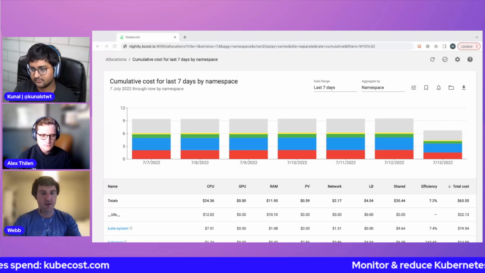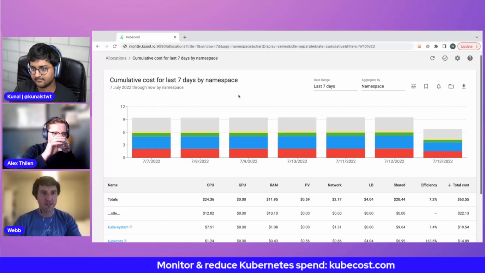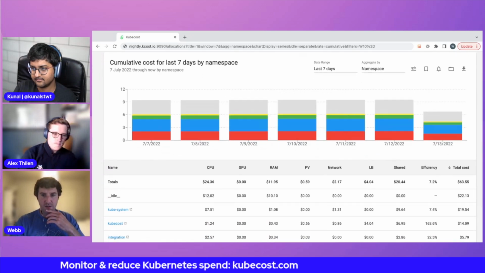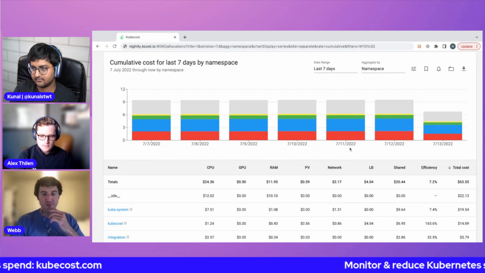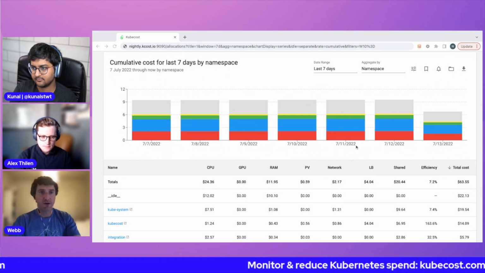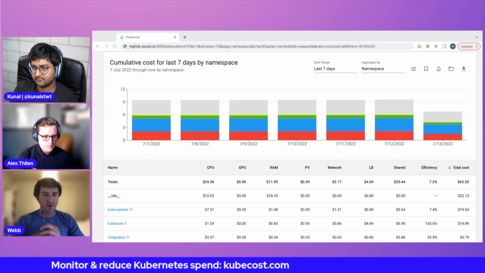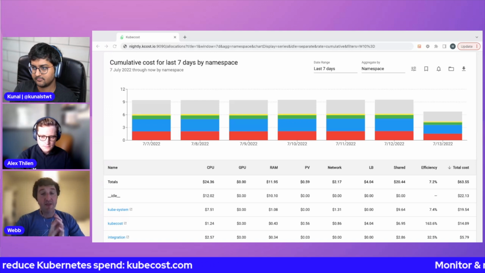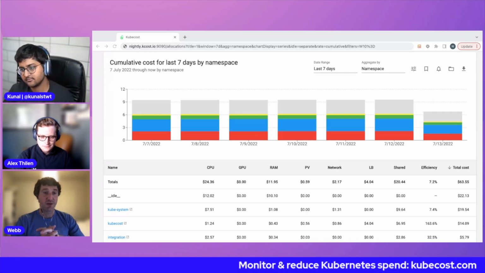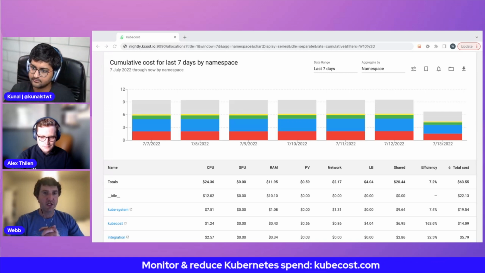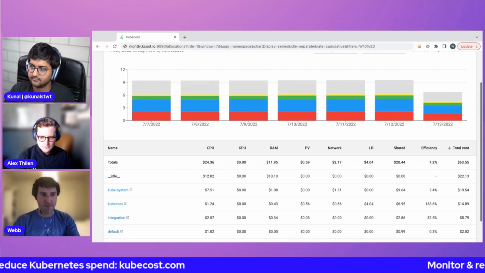And what you'll see right away is that for every namespace in this environment, we have costs by all of these different dimensions: CPU, GPU, RAM, storage, network egress cost, load balancer costs, and then this notion of shared costs, which we'll talk about. And then the really powerful metric we discussed, which was this measurement of efficiency of each of these namespaces. So I'll actually start there and work my way backwards.